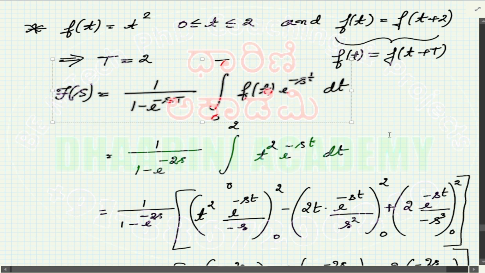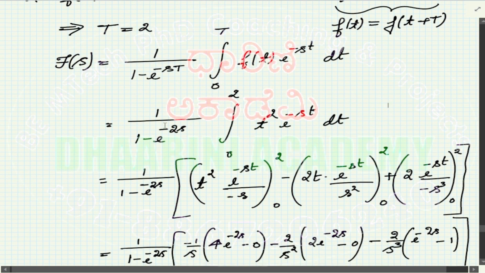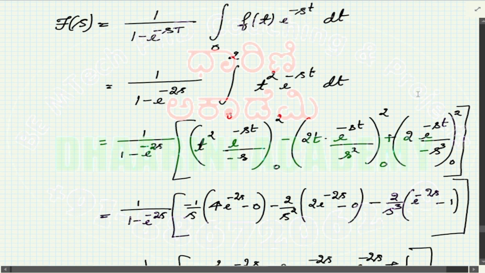So that is the equation wherein we can replace every capital T by 2, right? So you can see here that we are substituting, and we proceed. Which property? It's t square e to the minus st, which means Bernoulli's rule, right?